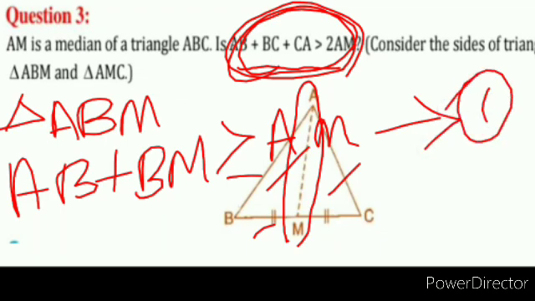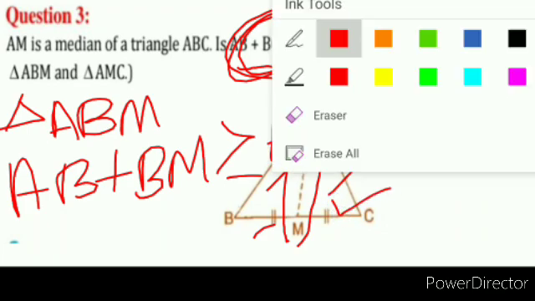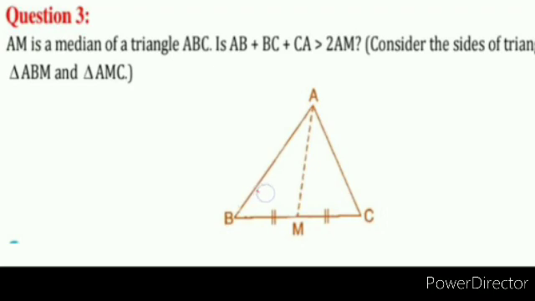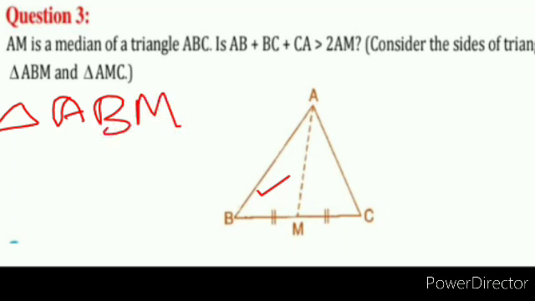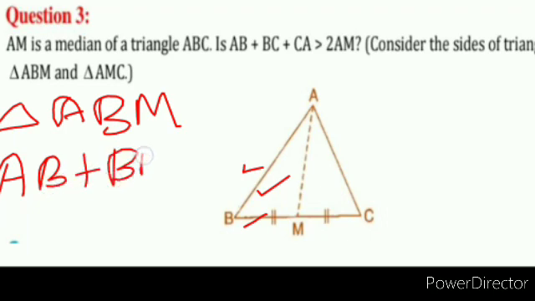Second, we have triangle AMC. I'll write clearly. First I am selecting this triangle, triangle ABM, adding these two sides, AB plus BM.